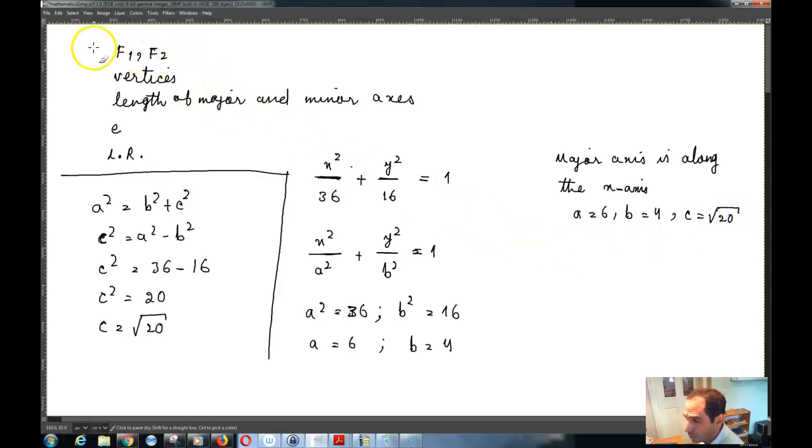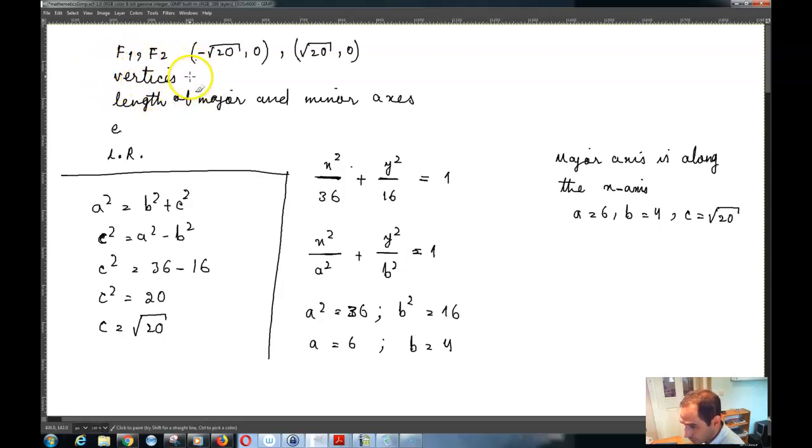So your foci are, since they are along the x-axis, at negative square root of 20 comma 0 and at square root of 20 comma 0. So that is the foci.